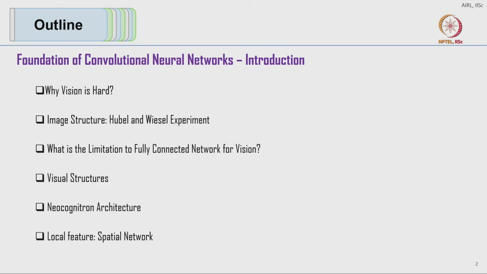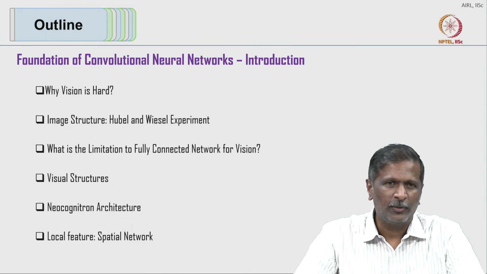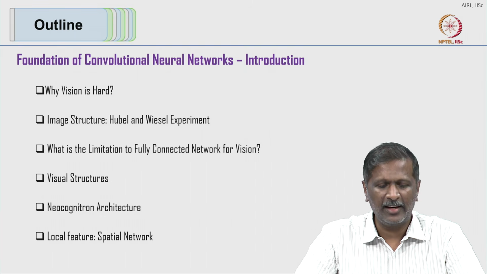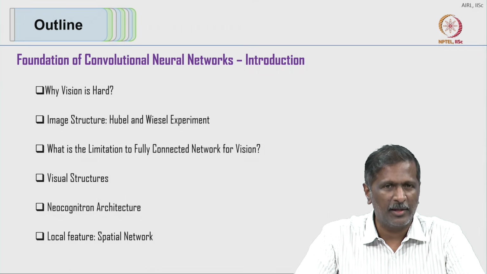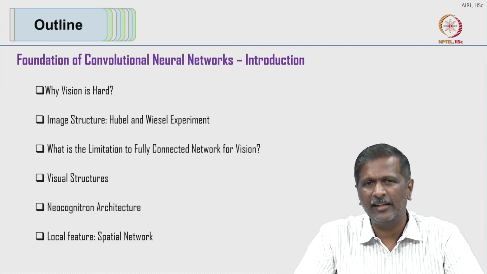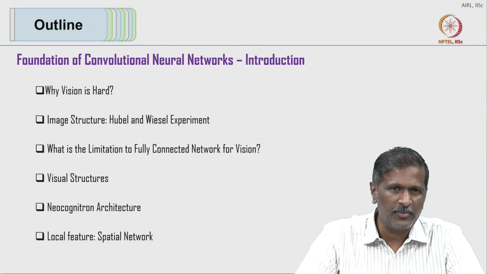In a nutshell, the outline of this lecture is going to cover why vision is hard. What is the image structure, right? We talk about the classical Hubel and Wiesel experiment and how the image structure is present. What's the limitation of fully connected neural networks for vision problems?